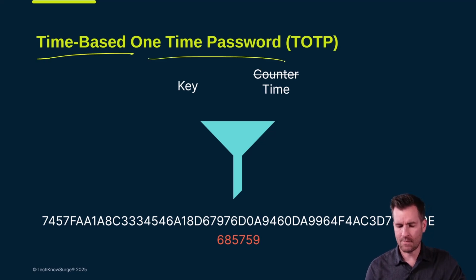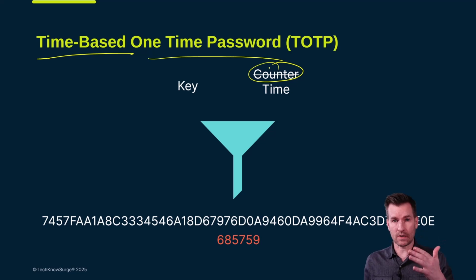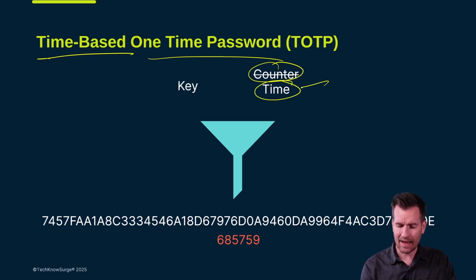Time-based one-time password, or TOTP, is very similar. The only difference is instead of having a counter that counts up every time we try to use one of these numbers, 0, 1, 2, 3, instead we use time. Now there's an equation that this time goes through to calculate it out into this hash.